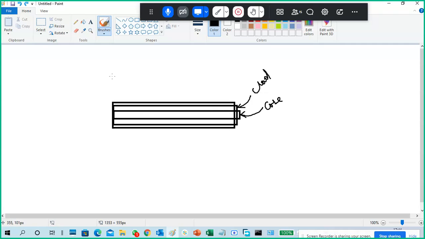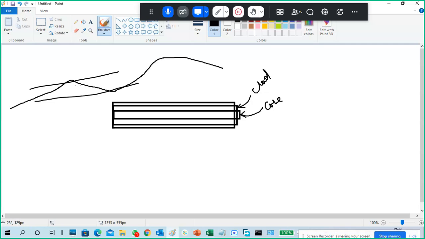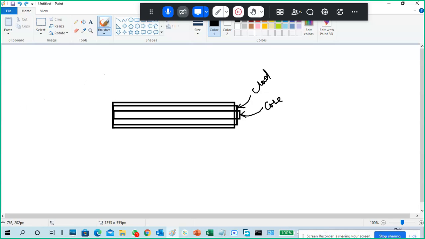With a single core, it's very difficult to maintain reflections. Sometimes energy loss will occur from reflection. There are a lot of advantages, and I'm not going to teach how these clads work, but generally it will guide and maintain the signal strength.